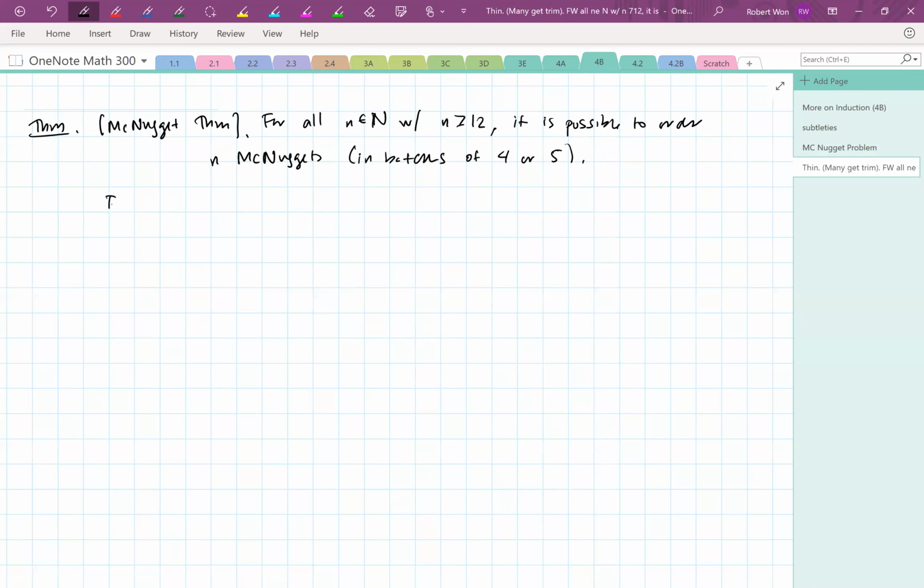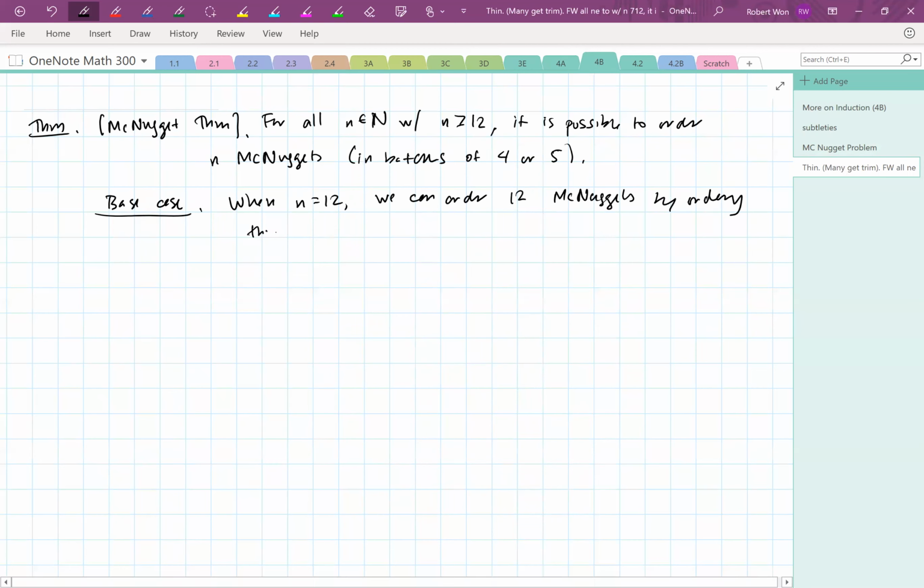Okay, so here's a base case that doesn't start at 0 or 1. Your book wants to call this the extended principle of mathematical induction, but we'll just call it induction. So when n equals 12, we can order 12 McNuggets by ordering three 4-piece McNuggets.